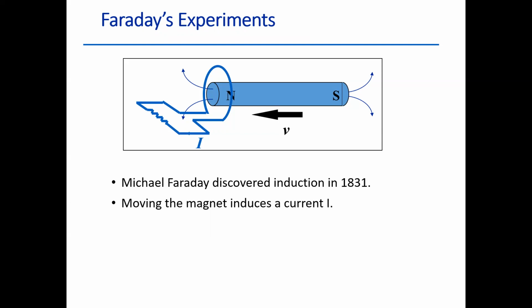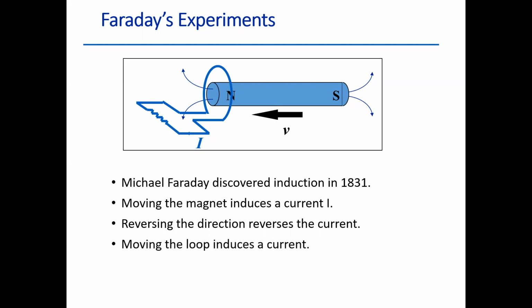So he figured that moving the magnet induces a current. Reversing the direction reverses the current. Moving the loop induces a current. And the induced current is set up by an induced EMF.